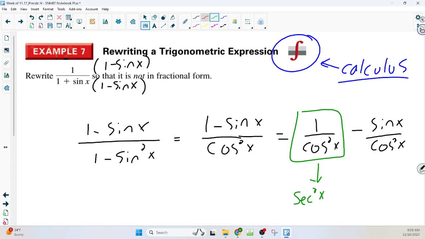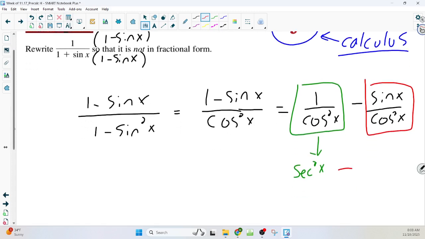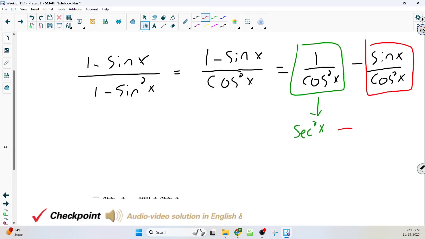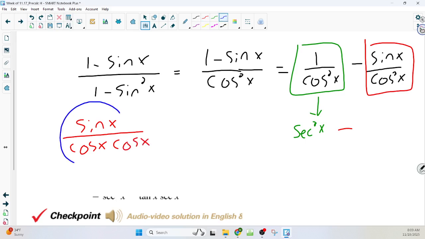And then this guy right here, minus. What is sine over cosine? This might be a little tricky, so I want to make sure I don't miss the mark on this. This is really sine of x over cosine of x. Can we focus on this?